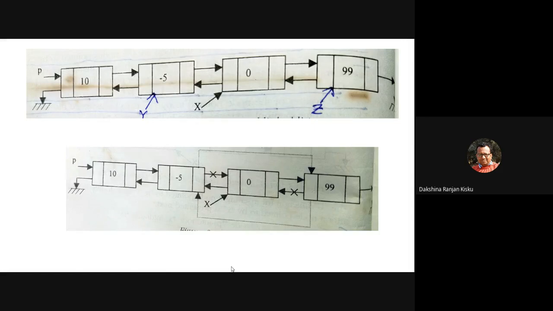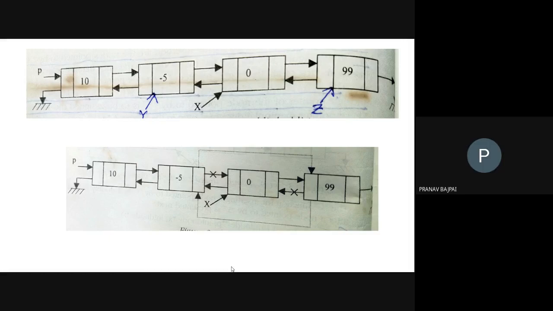What are the link parts of the nodes we need to update? Y right and Z left, or Y right and Y right left. Y right is to be updated so that it will point to the last node Z. And then Z left, or Y right left when we use a double pointer, will be updated to Y.